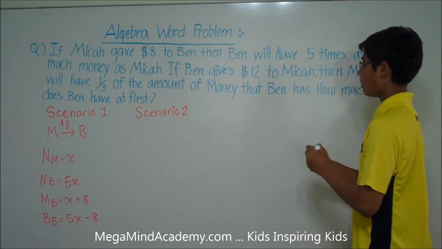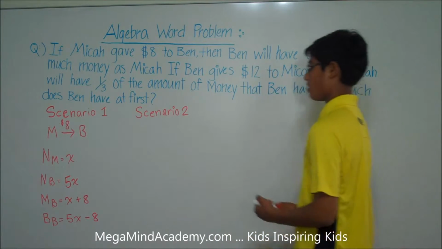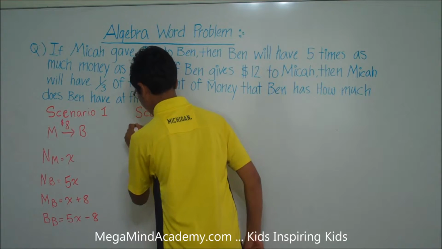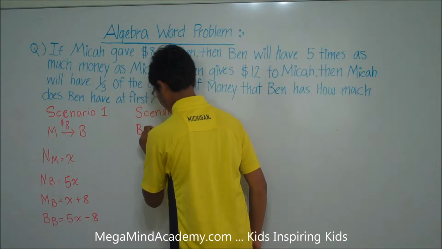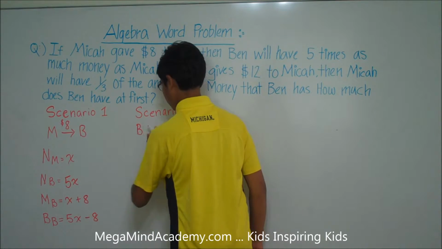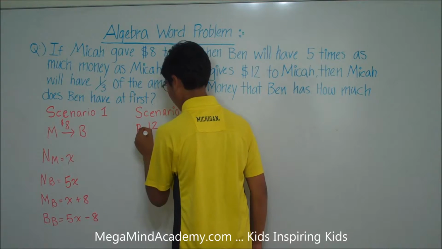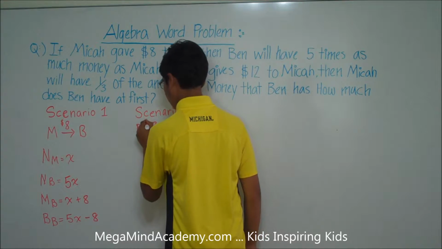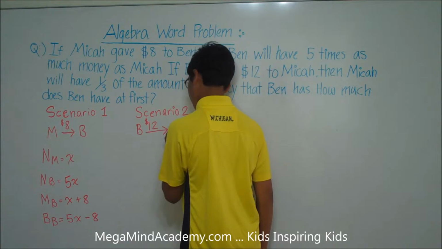Now in scenario 2, Ben gives $12 to Micah. So Ben, B for Ben, gives $12 to Micah, M for Micah.